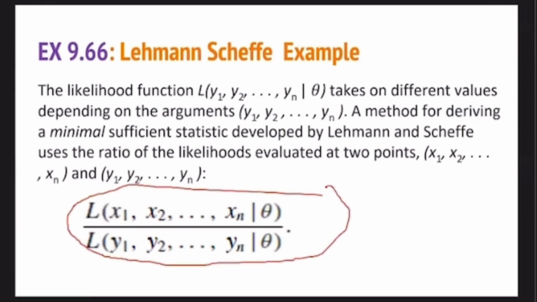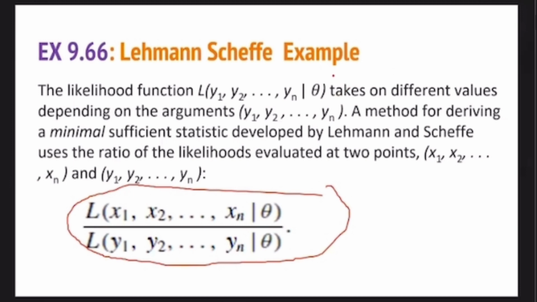Okay, so if you take a look at that now, the numerator is likelihood, the denominator is still likelihood, except that we're just using X and Y. Lehmann and Scheffé believe that we're going to construct two likelihoods. The only thing we're going to change is the random variable.